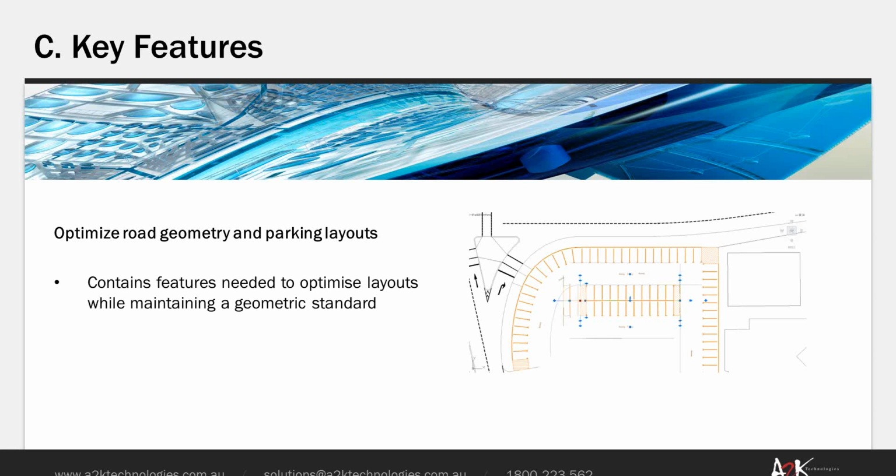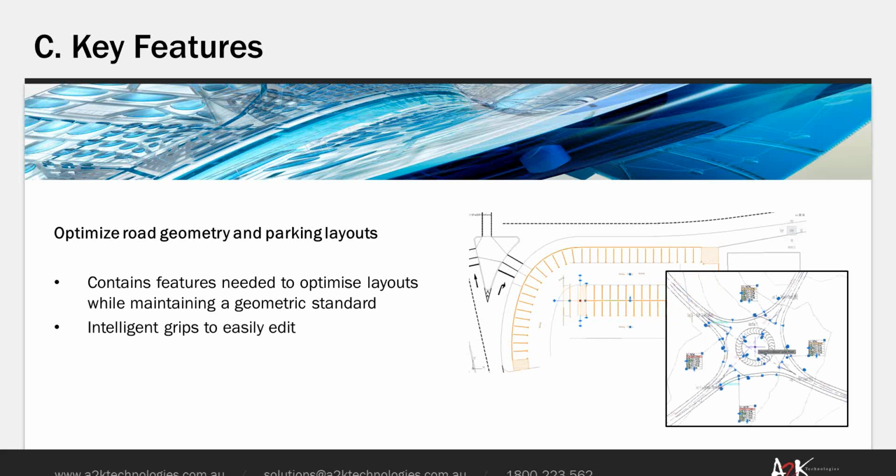Basically, you can set it up with respect to the driving bay width, the aisles, handicap spaces, and as you go, because it's all dynamic, you can just grab the grips and manipulate them to shape your car park and your aisles.